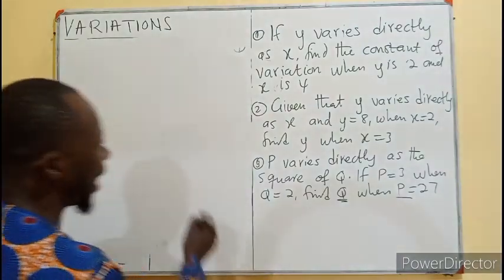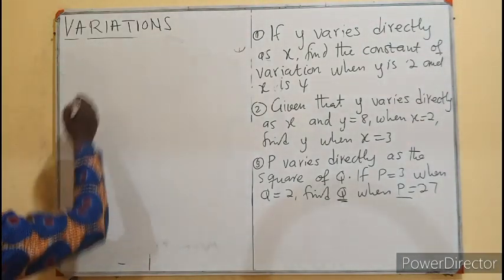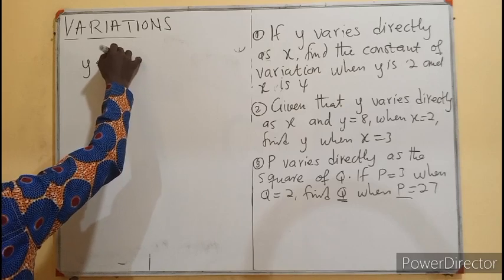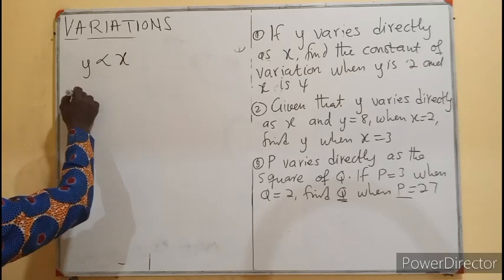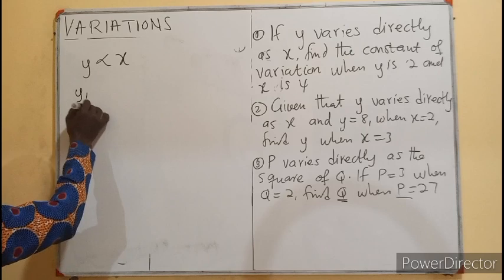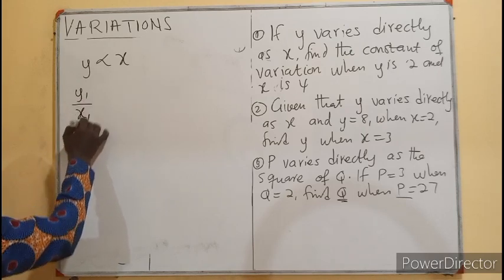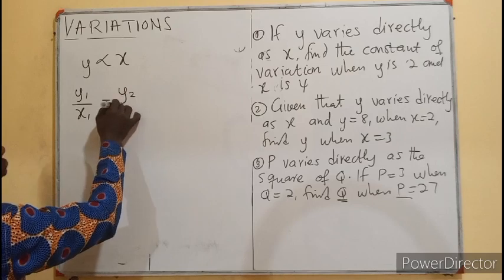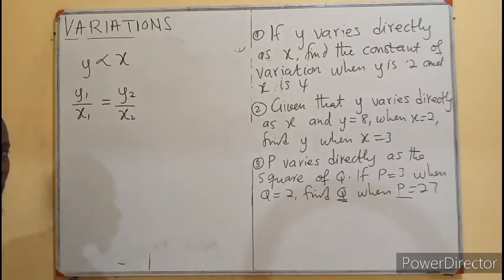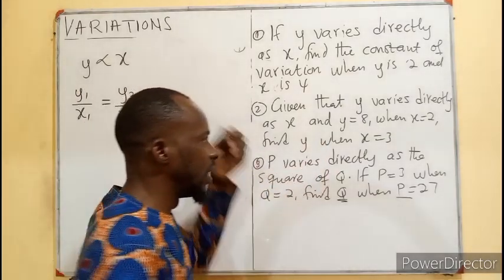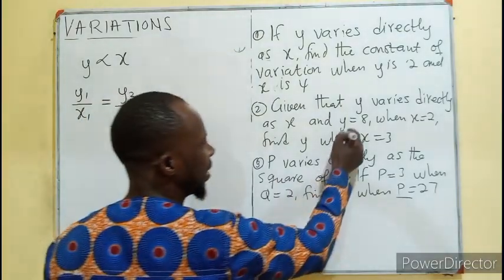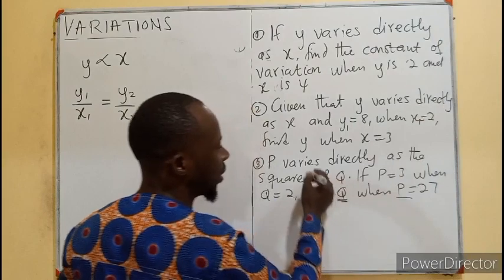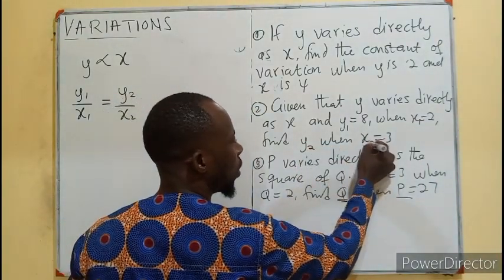So I can just say that my y varies as x. So I can have y1 divided by x1 is a proportion, right? Is equals to y2 over x2. The values in here, I will be taking this as y1, x1, y2, x2.